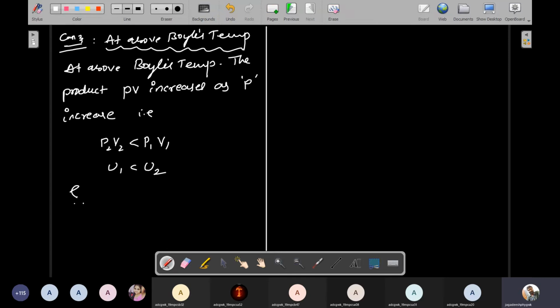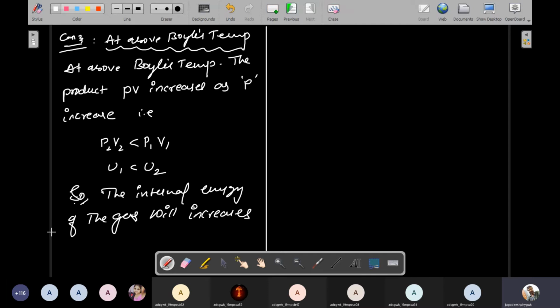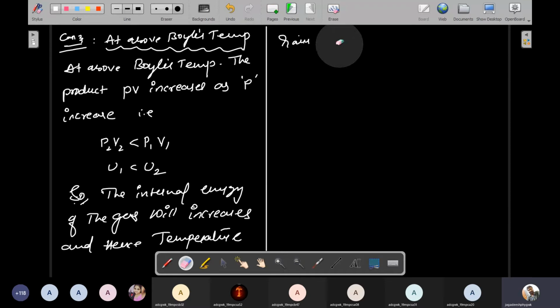So this indicates that the internal energy of the gas will increase, and hence the temperature rises.